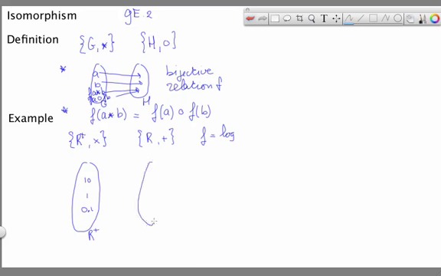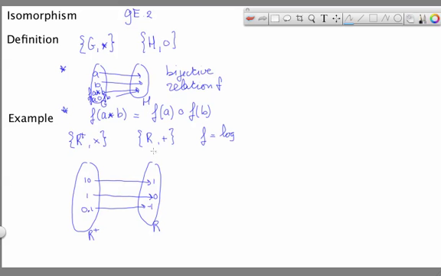And I have here a set of all real numbers, and the relation is the log. So for instance here the image will be 1, the image will be 0, -1, and so on. So indeed this is a bijective relation, that's clear.